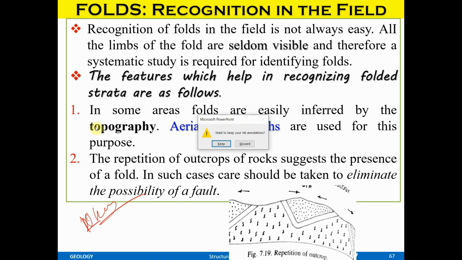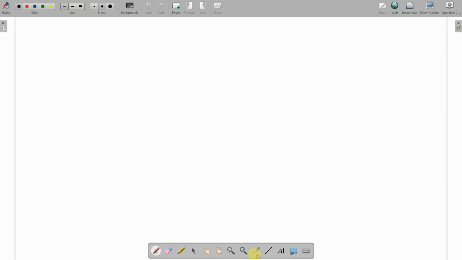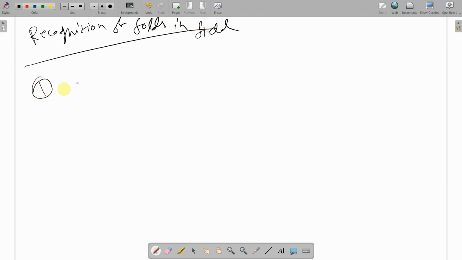So first, we are talking about recognition of folds in field. Okay, so first one you can do is aerial photograph.